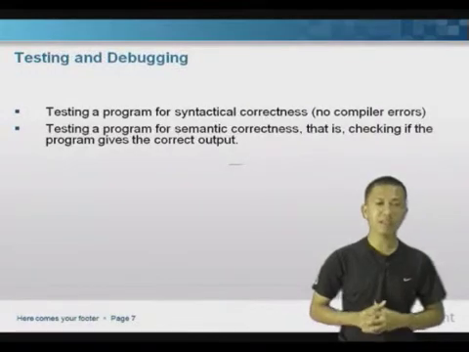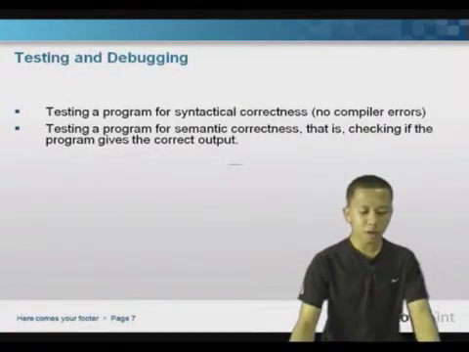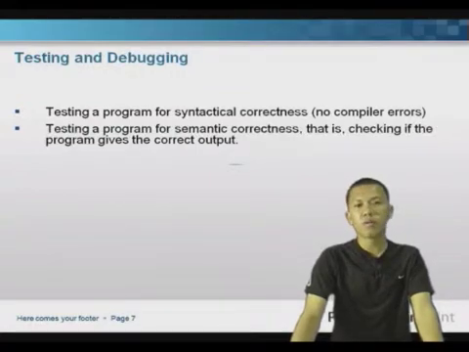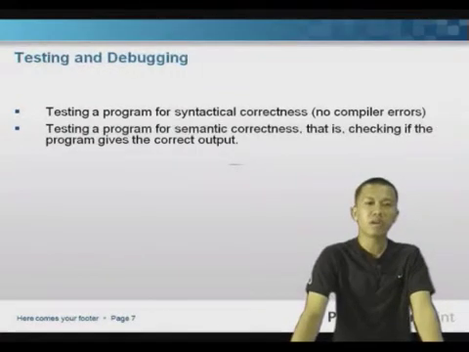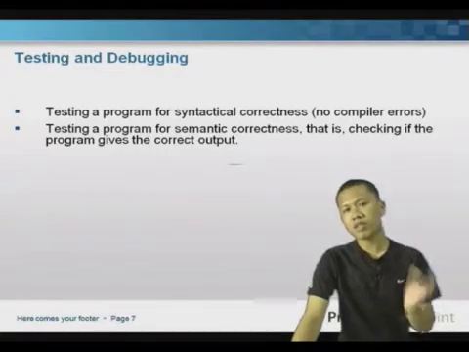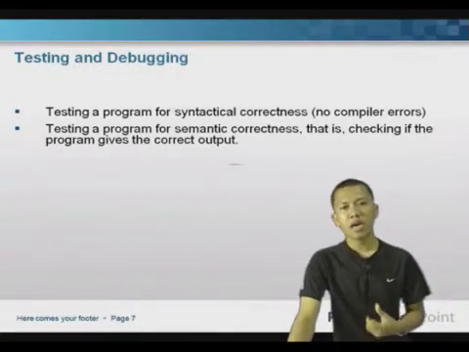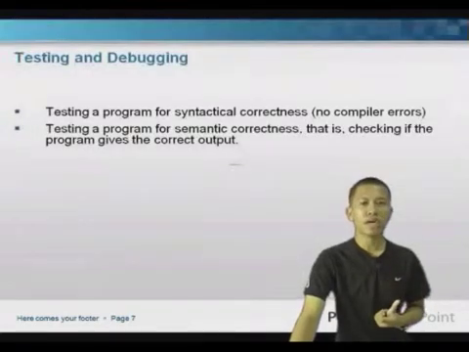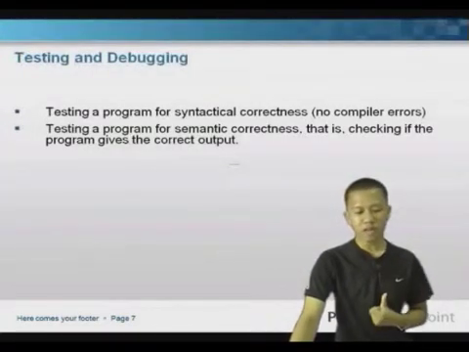And the next is testing and debugging. Testing a program for syntactical correctness, or no compiler errors. So if you finish the code, the process of the company is to deploy and test your system, whether it is good or not, and whether there are no compiler errors.